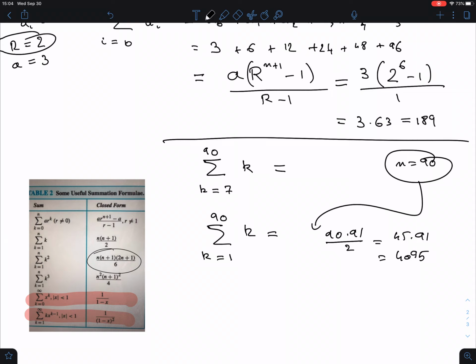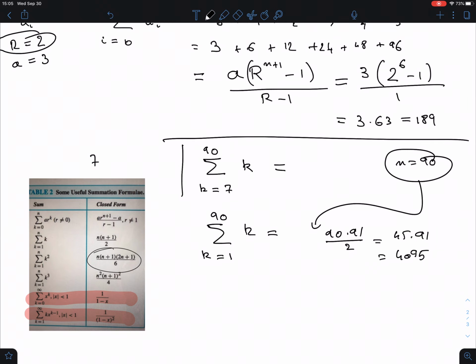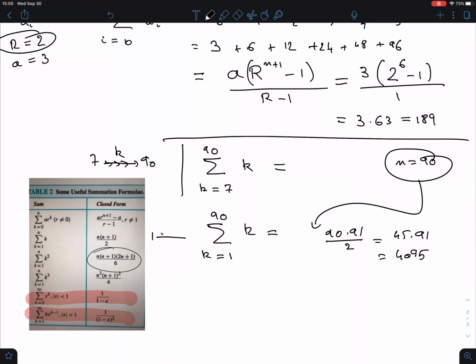What are we calculating here? Too much, right? If we symbolically think of this as a loop, k will go from 7 all the way to 90, by steps of 1. Here we go from 1 to 90.